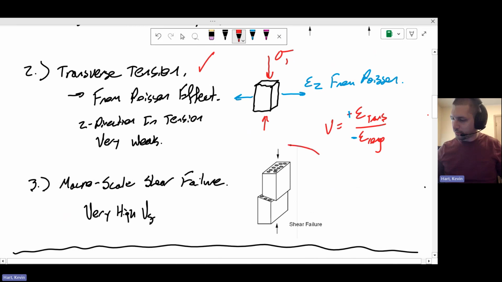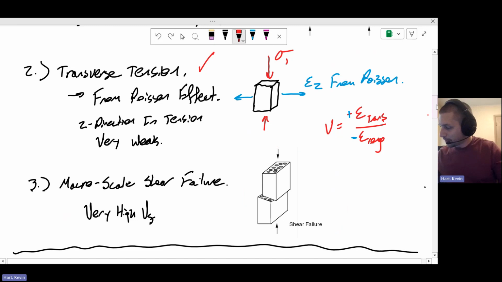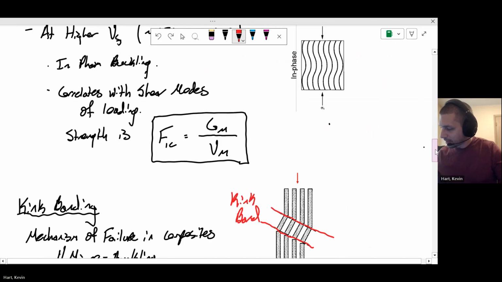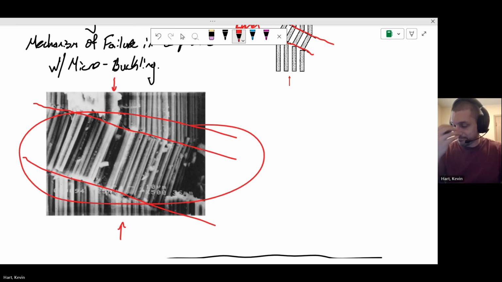So this one is like you have tons and tons of fibers packed into the material, and it all just kind of fails at one moment. That's a little bit different than kink banding. With kink banding, you have a slow progression where these things buckle a little bit, maybe in one location of the composite, and then you load a little bit more, a little bit more, and then they break like that.